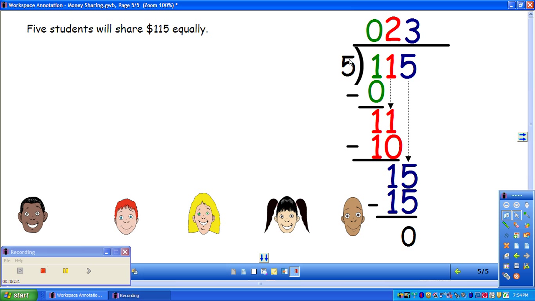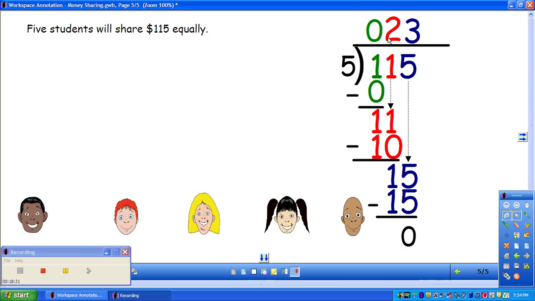And again, we'll run through this real quick. Did I have enough $100 bills to give everyone a $100 bill? No. So I broke them into 11 tens. Do I have enough $10 bills to give everyone $10 bills? Sure.